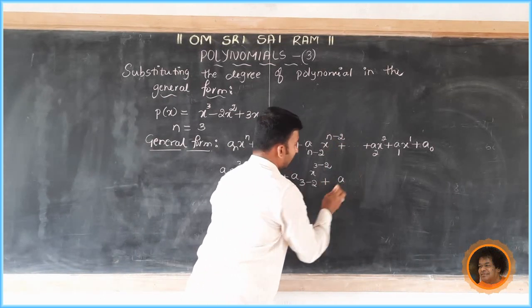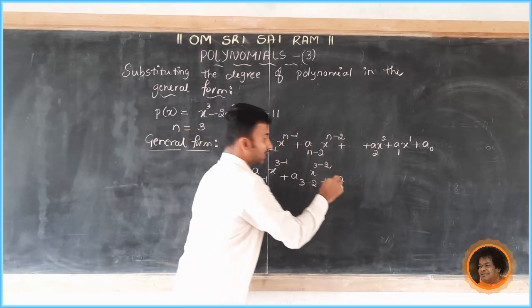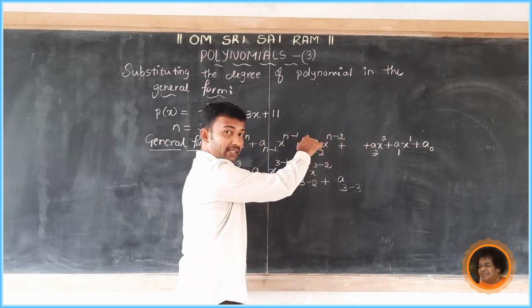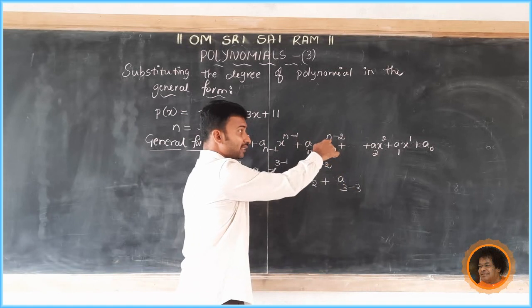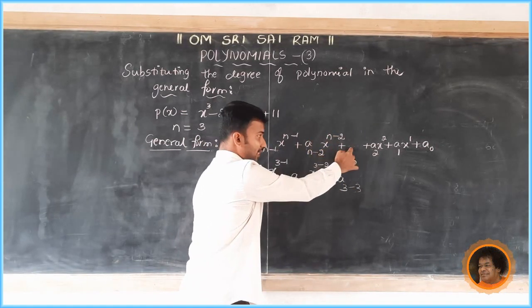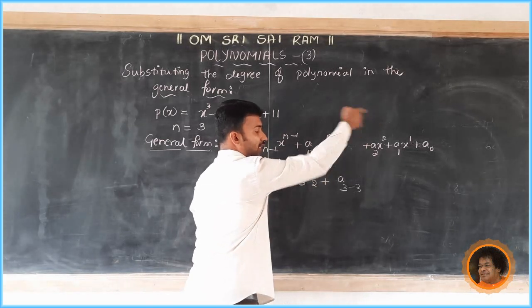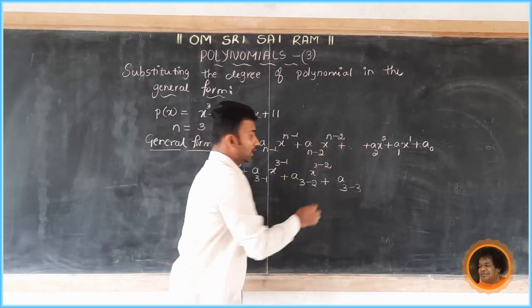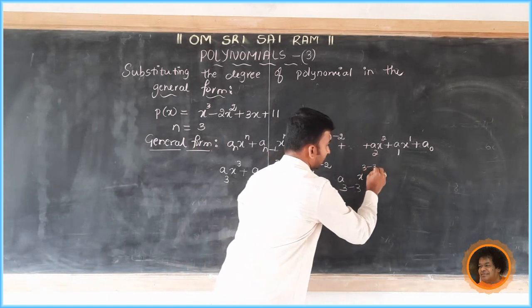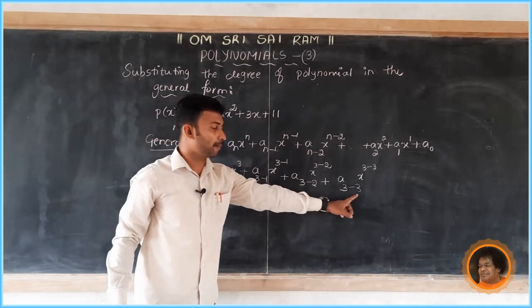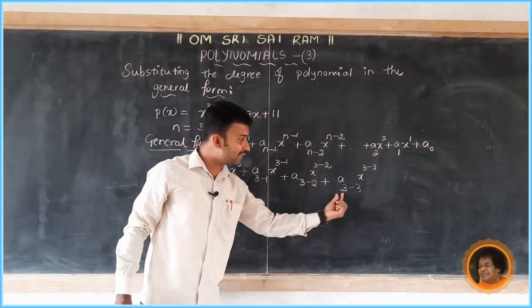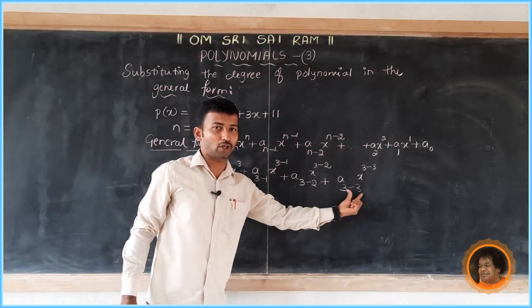Next n minus 3, that is 3 minus 3, and x power n minus 3, 3 minus 3. We will stop here because when we get 3 minus 3, we stop.